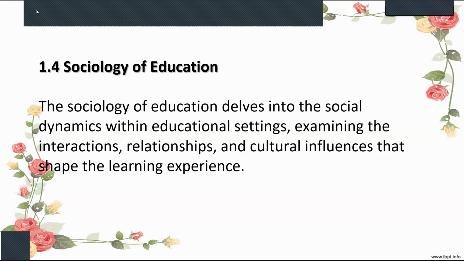From the title of the subject, you can understand sociology is there, education is there. Under this subject, we are dealing with social dynamics within educational settings. For that, we have to examine interactions, relationships, cultural influences, and all these things that shape learning, not only learning, even teaching. That's what we are paying our attention to.